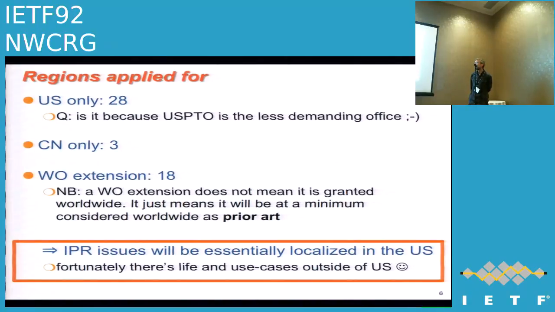But anyway, we see that the main IPR issues, I would say, will be localized in the US, which, since I'm French, is a good point, since I will not necessarily be affected by this.